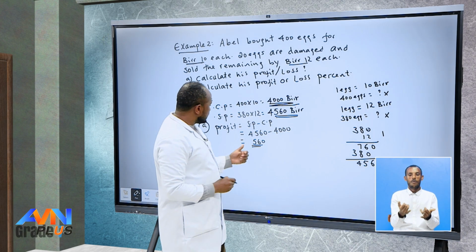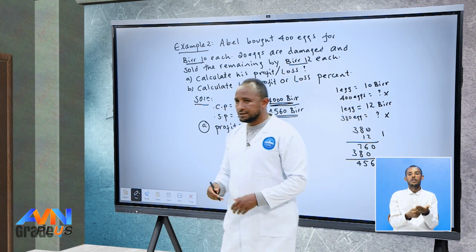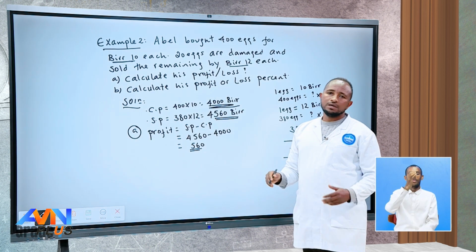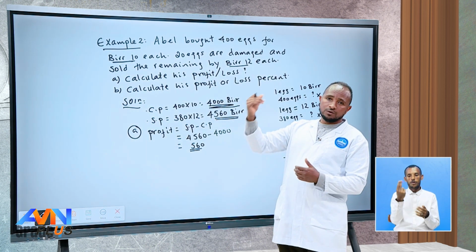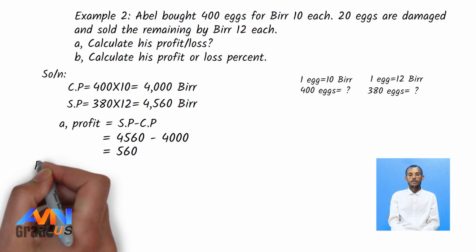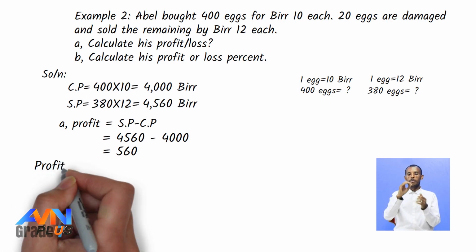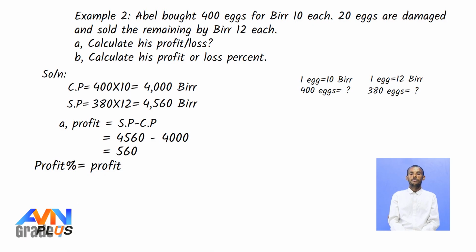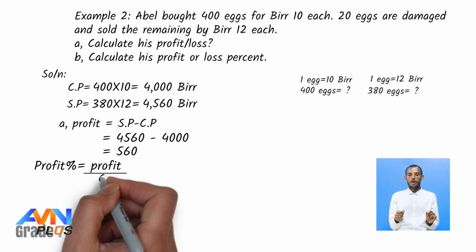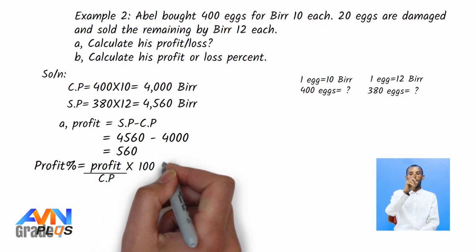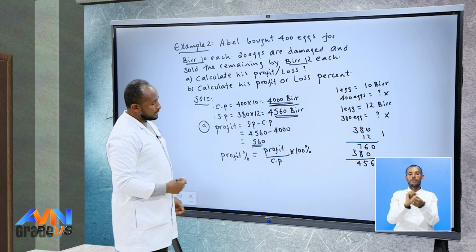Now, let's convert this into percent. How do we calculate profit percent? Simply, you divide the profit by the original cost. Therefore, profit percent is equal to profit divided by the cost price, and then you multiply this by 100% to convert it into percent.